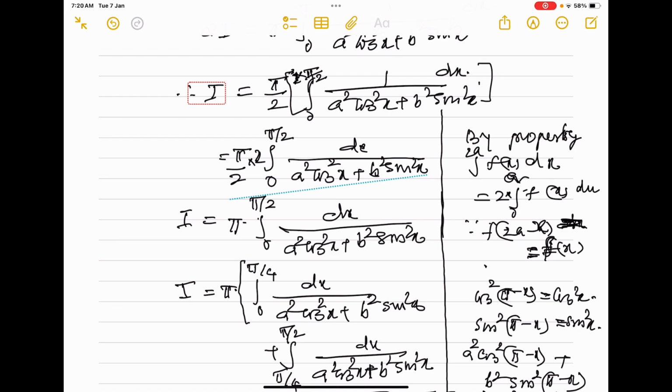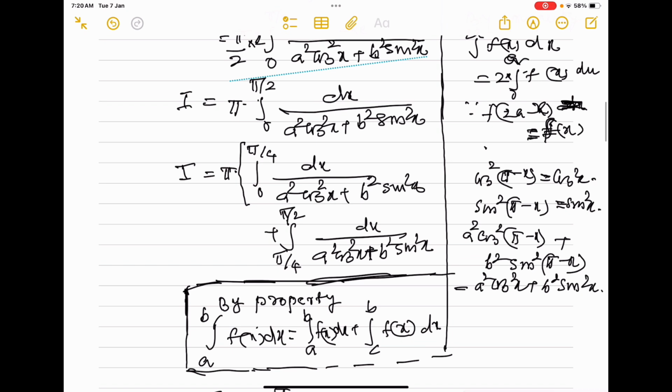Again we apply one result, that is the property: integral a to b f of x dx equal to integral a to c f of x dx plus integral c to b f of x dx. We find one value between a and b, then we take it as c, and we split the integral into two terms.